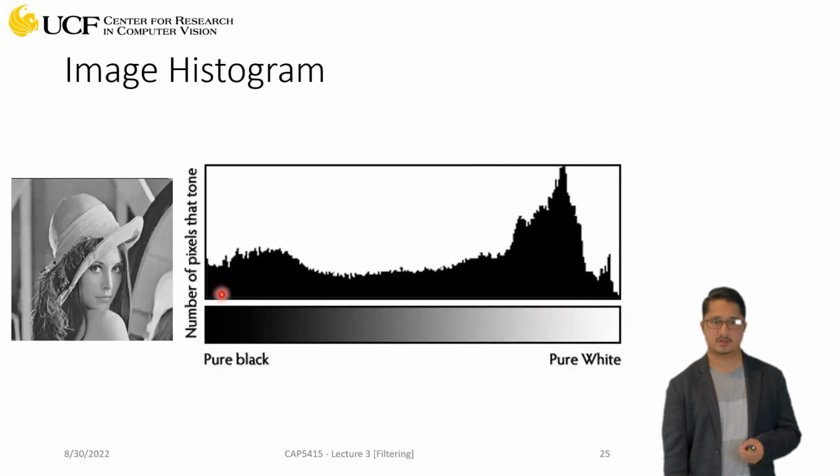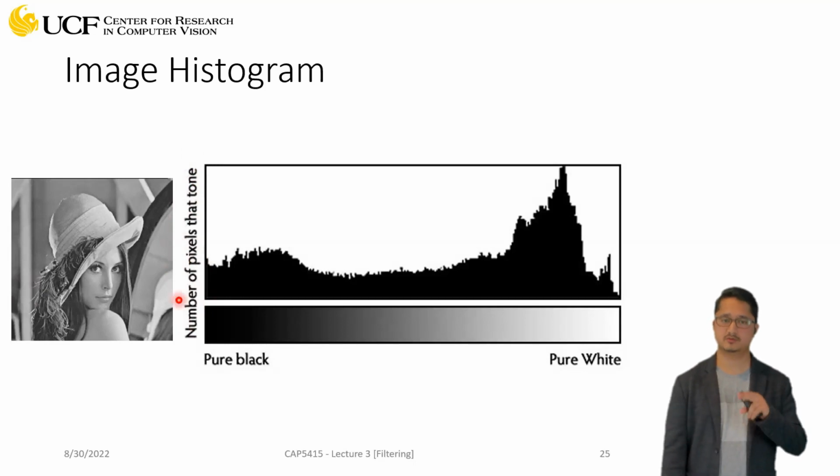What this histogram is showing is how many pixels you have with value 0 in this image. That's the number represented by the y-axis. So the y-axis is just giving you the count of pixels for each grayscale value. And that's it. That's called a histogram.